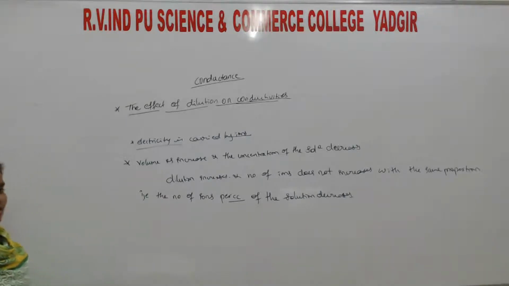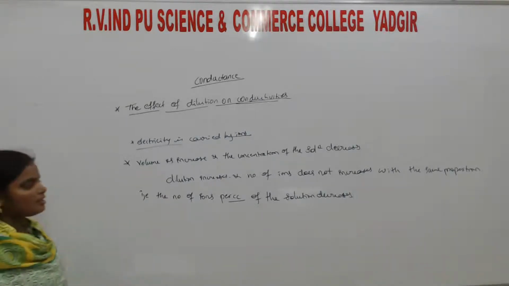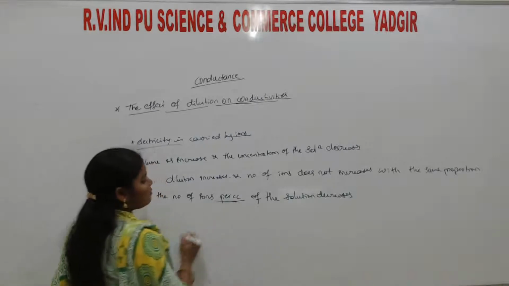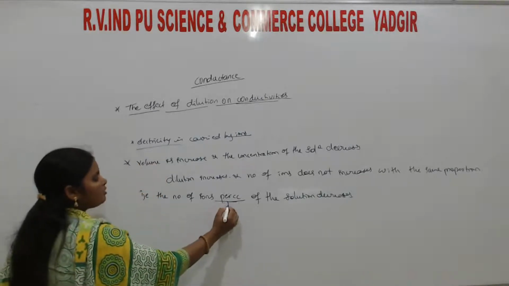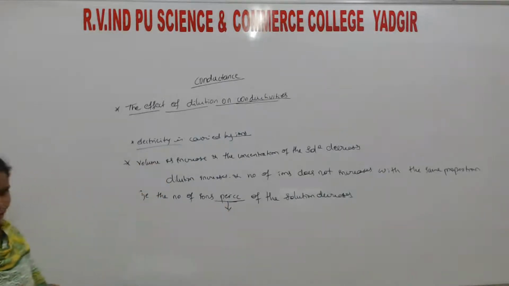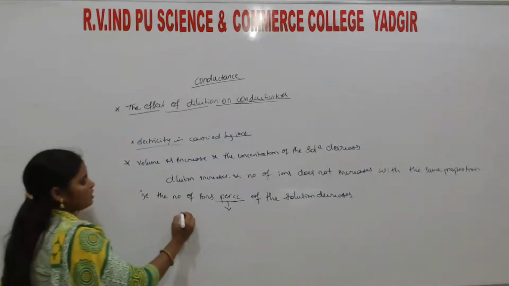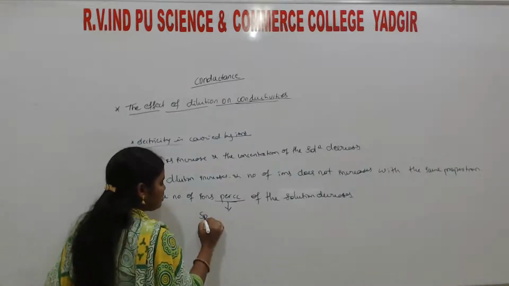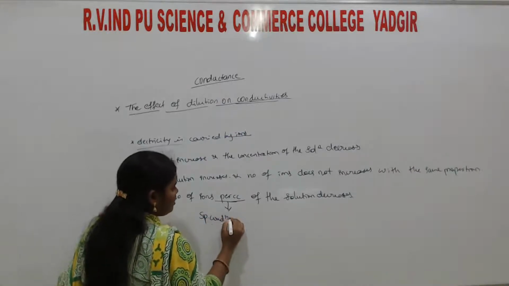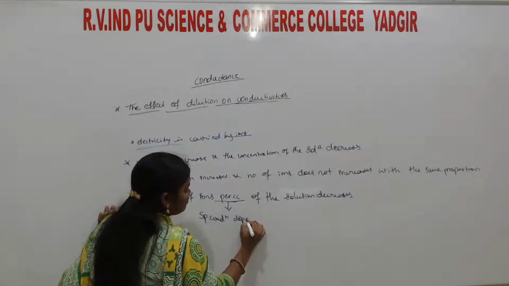The specific conductivity depends upon the number of ions per cc of the solution, that is, per unit volume of the solution.